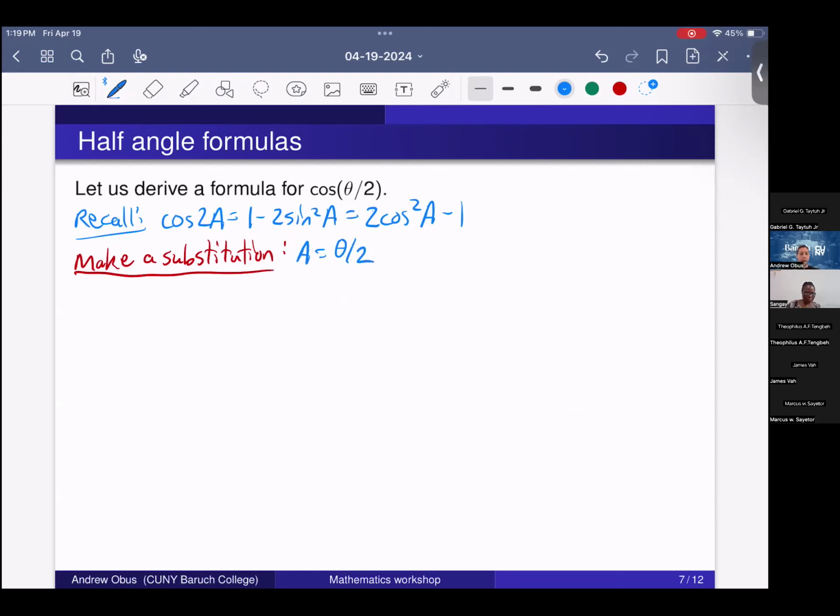So we can plug in theta over 2 to both sides of this formula. So then if I have cosine of 2a equals 2 cosine squared a minus 1, which I know, well then the substitution, this becomes cosine of 2 times theta over 2 equals 2 cosine squared of theta over 2 minus 1. Right? I'm just doing the substitution.